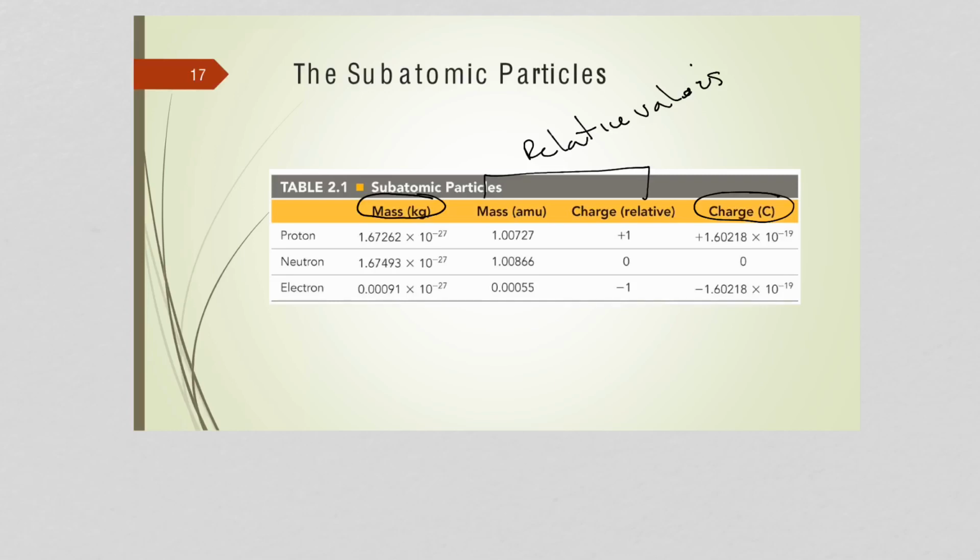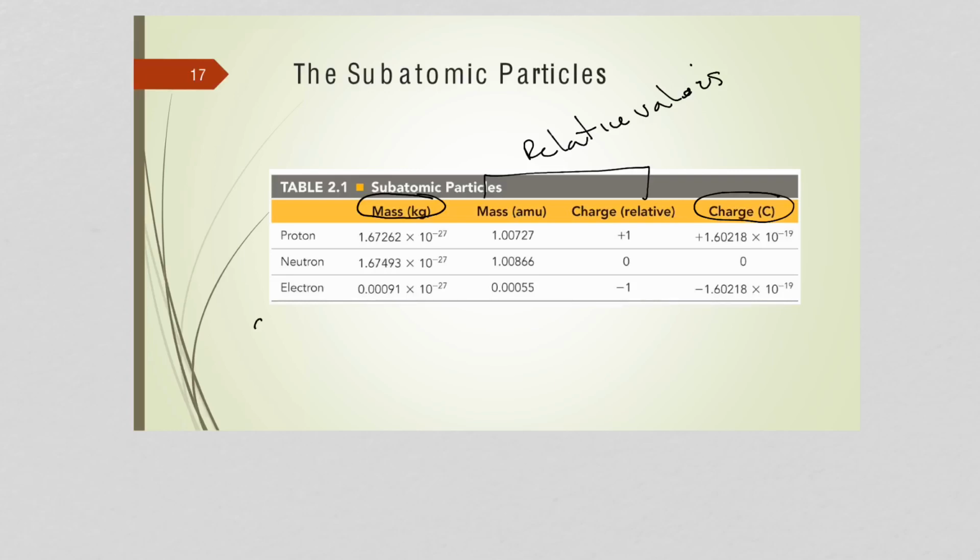So, what we've done is we've assigned the particles a relative mass based on something called an atomic mass unit. The atomic mass unit was simply a developed unit.